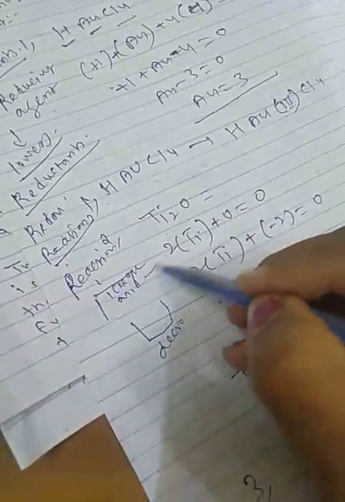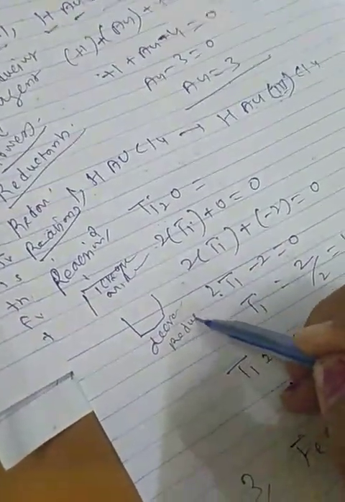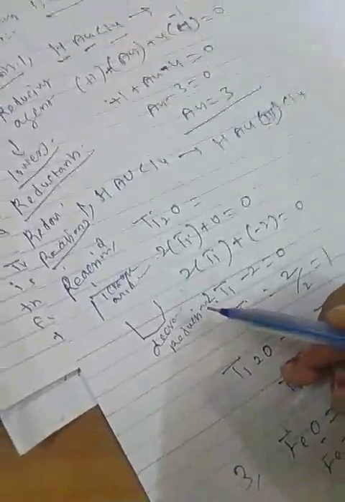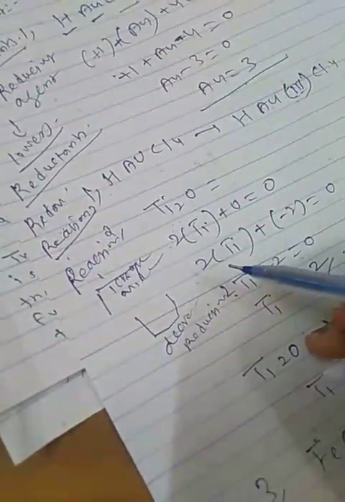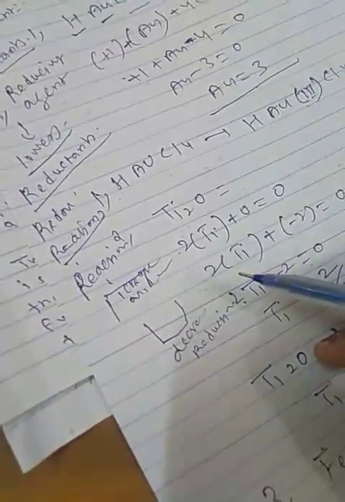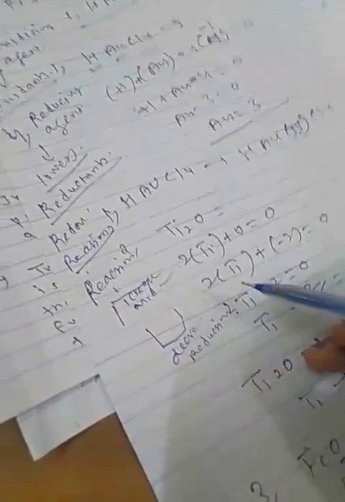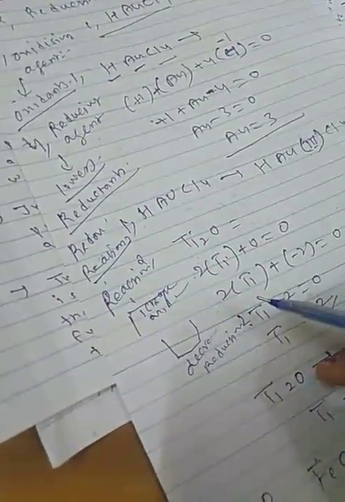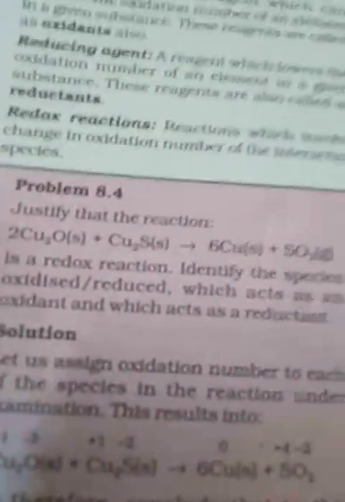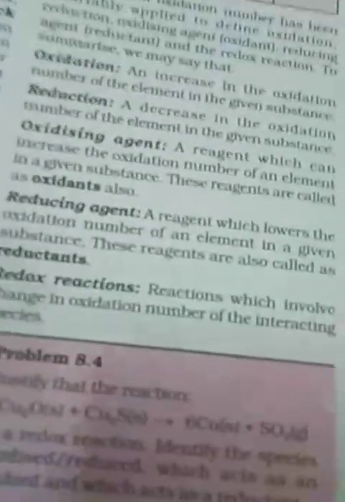This is called oxidation, this is called reduction. Afterwards I will show you in our course how to balance the reaction with the help of oxidation number. Up to here I taught you the important rules that you have to follow. Now our next numerical is numerical problem 8.4.